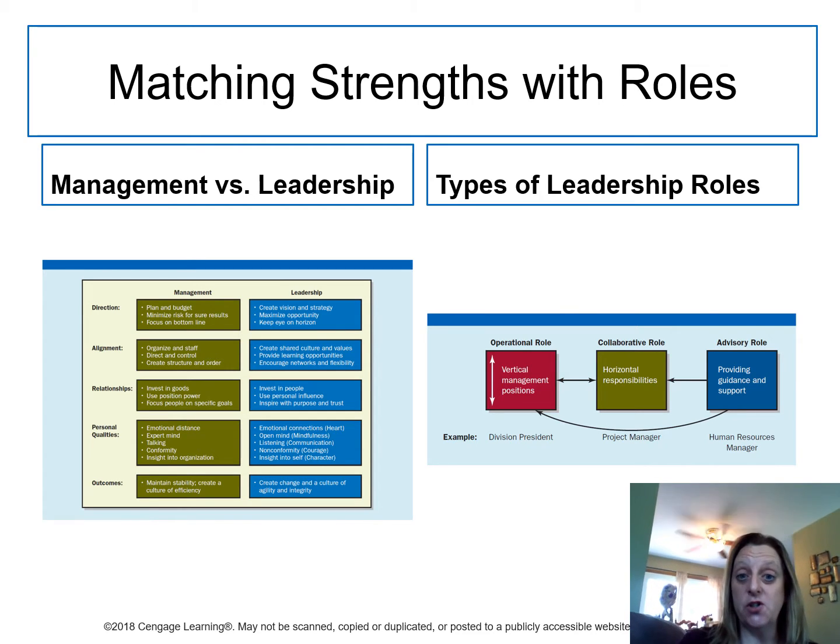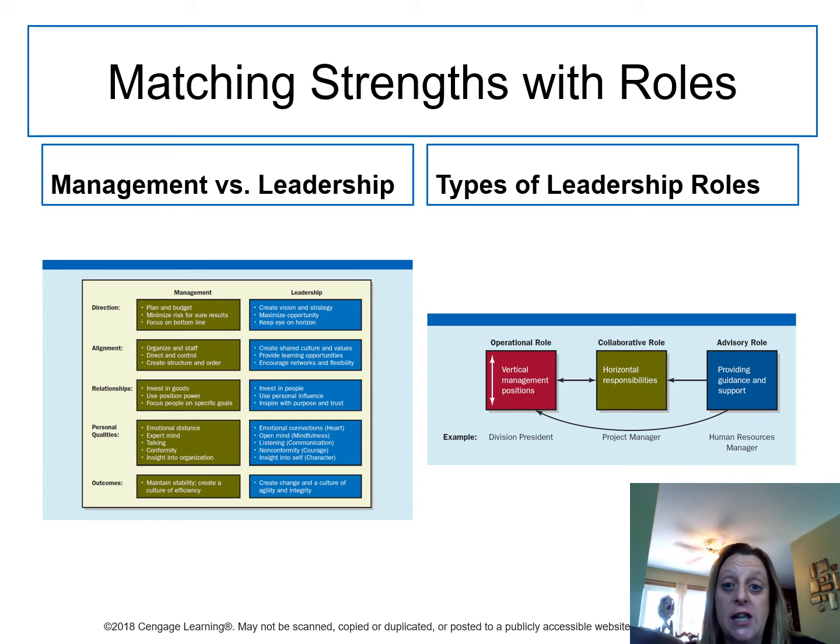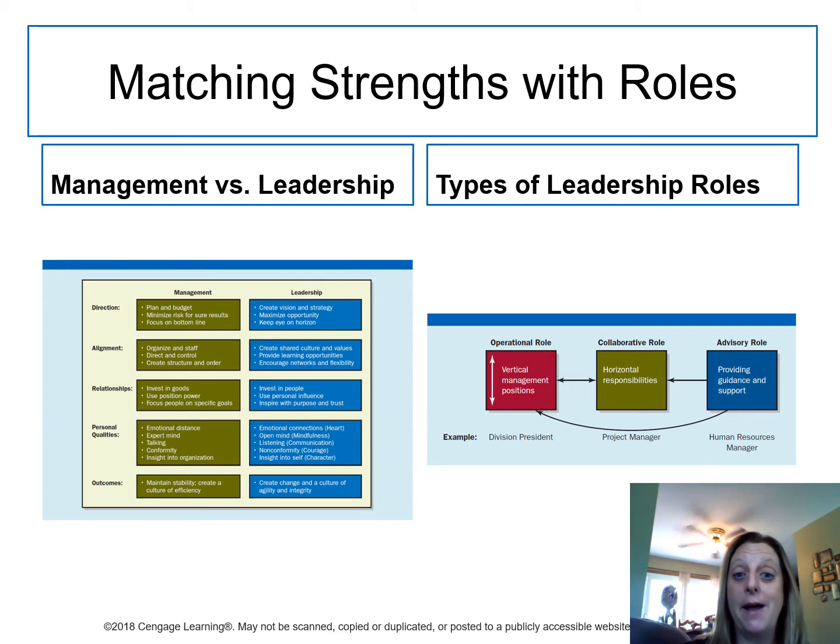So recent research suggests that different leader strengths might be better suited to different types of leadership roles. So the diagram on the right of this slide illustrates 3 types of leadership roles: operational, collaborative, and advisory.